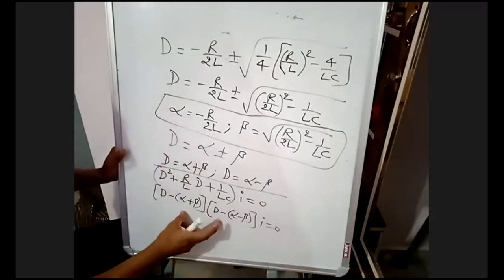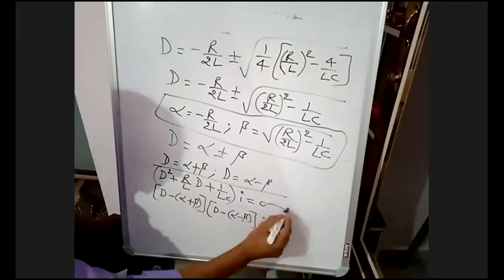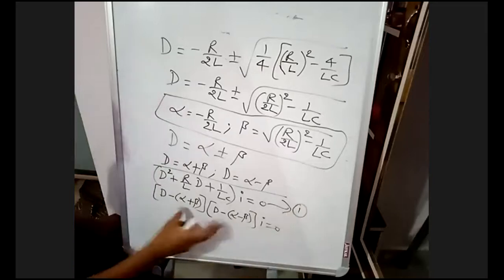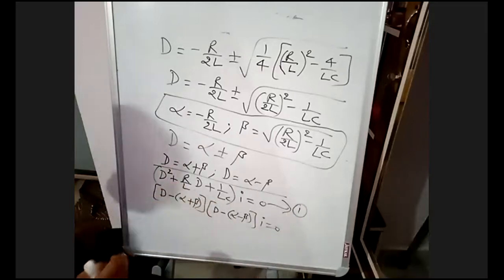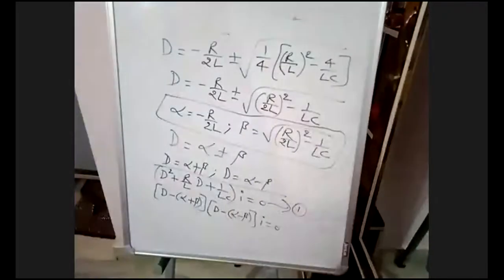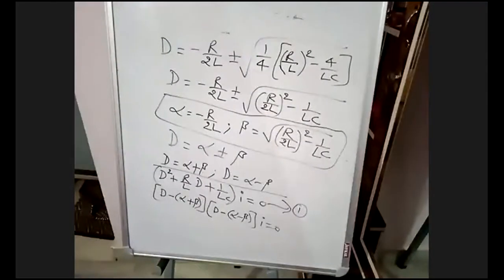If you multiply these two, you will get our equation 1. So these are the roots for that equation 1. If you substitute alpha and beta and multiply, you will get D square plus R by L into D plus 1 by LC. So we are having two roots now.